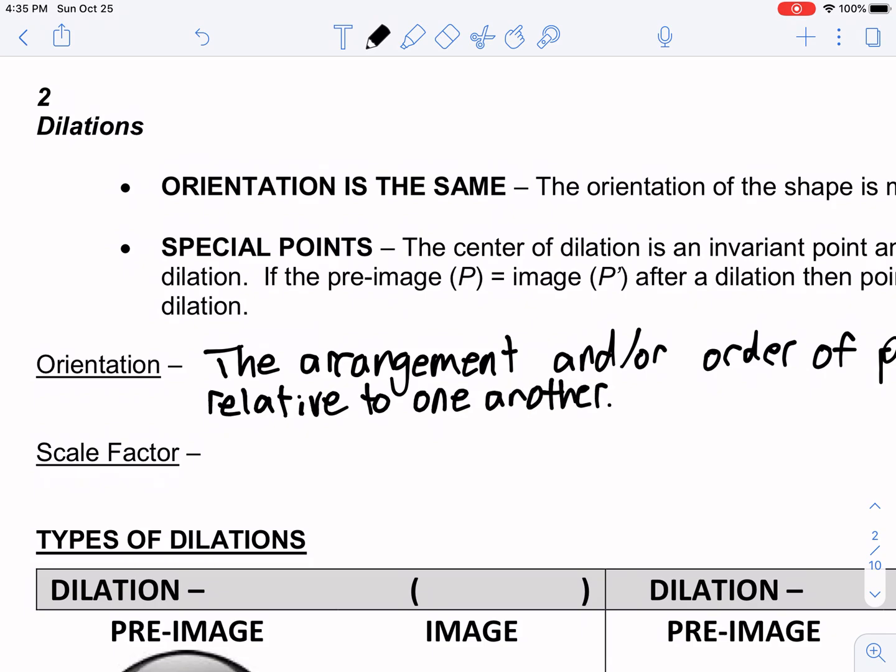Okay, so the arrangement of the points is going to be maintained. The orientation is going to be maintained there.